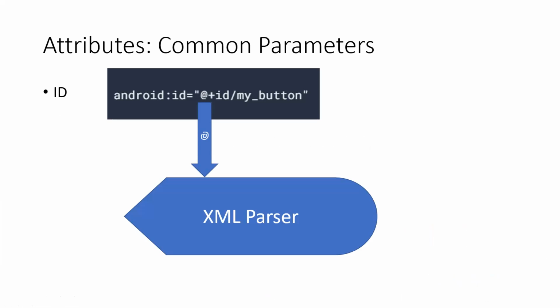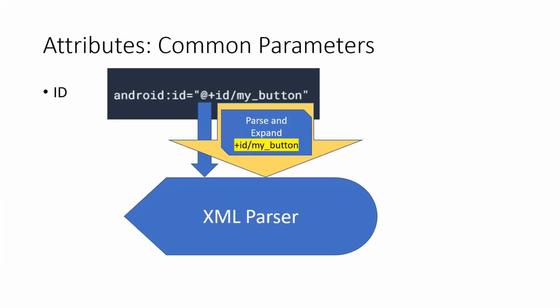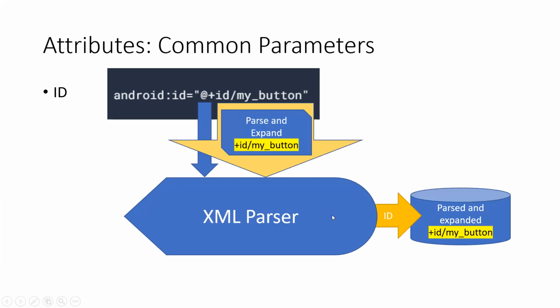When the XML parser sees this @ symbol, it is an indication that the rest of the string, that means +id/my_button, should be parsed and expanded by the XML parser. After it gets parsed and expanded, it should be considered as an ID. So this whole thing, +id/my_button, is an ID.